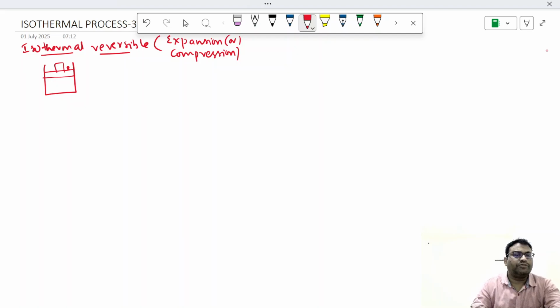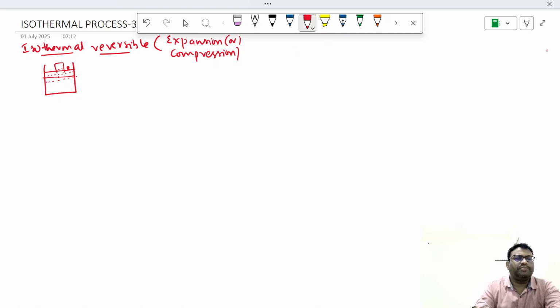It moves down. A very small compression happens here. If you reverse the change, then automatically the process reverses. If a small reversible change is brought to it, automatically the process is reversed. Such a process is called a reversible process.